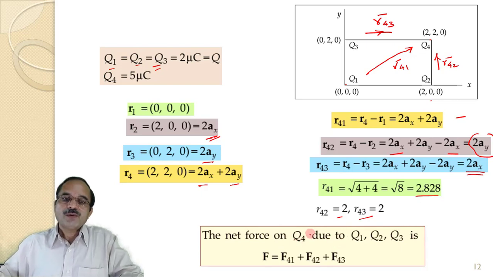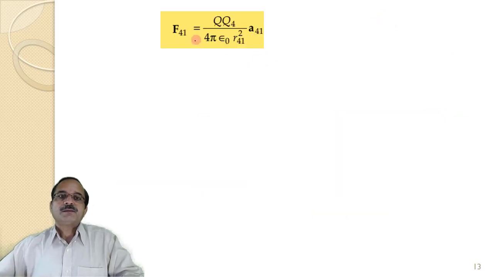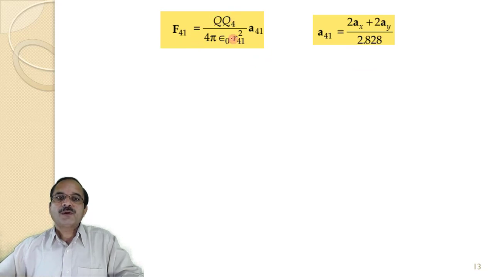Now the net force on Q4 because of Q1, Q2 and Q3 is the addition of all three forces, F41, F42 and F43. Using these formulas, F41 is Q1 Q4 upon 4 pi epsilon 0 r41 squared, times a41, the unit vector.